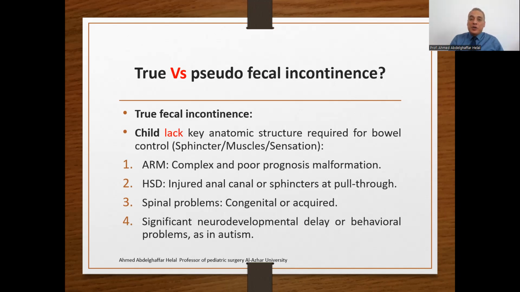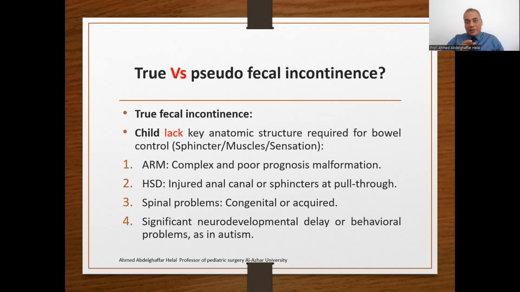In Hirschsprung disease, children are usually born with all structures okay. However, injured anal canal or sphincters may occur at the time of the bowel pull-through. Spinal problems, whether congenital or acquired, also significant neurodevelopmental delay or behavioral problems: this child lacks the integration or recognition of the various functions together.